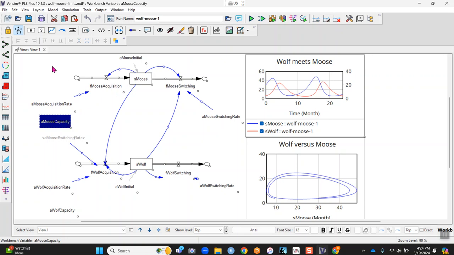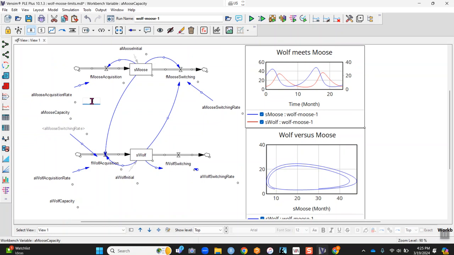And if you go back and look at the paper and pencil version of that model, what you will see is something like this. Put an auxiliary variable in here, and we'll call this A moose availability. Okay, the number of moose customers available. Let's make this a little bit easier to read. There we go.